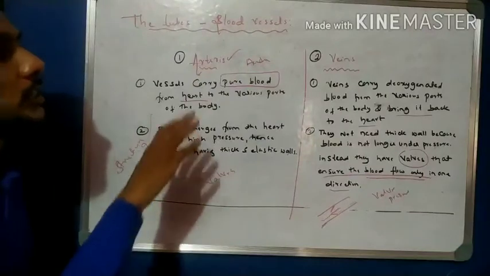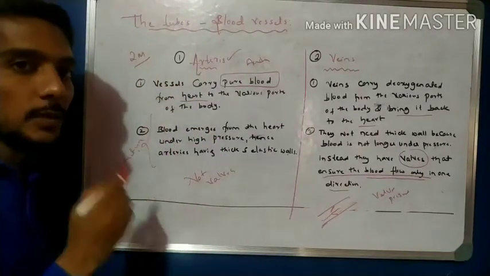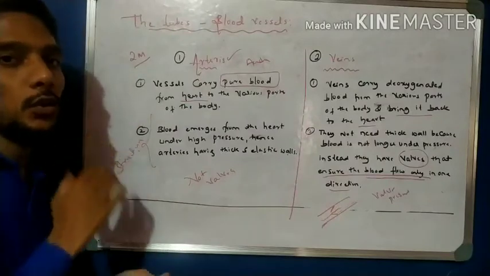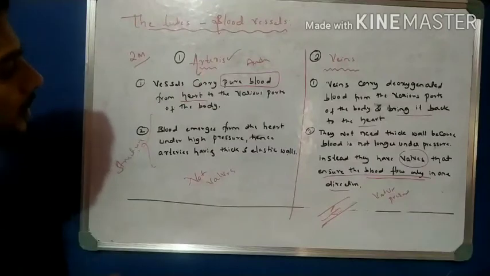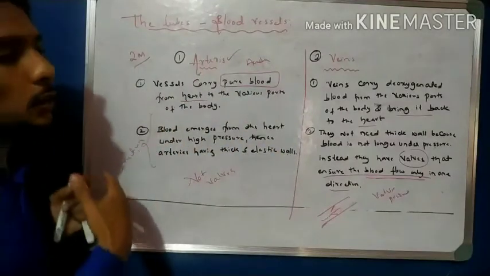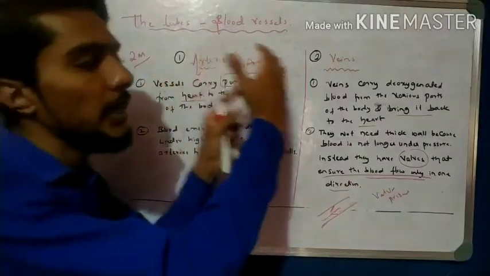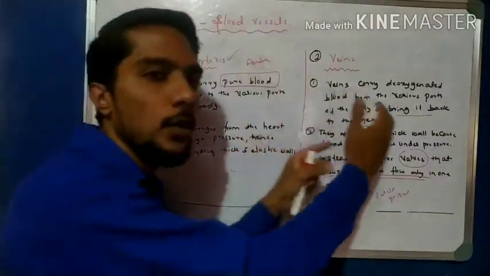Okay, students, please write this down, very important for 2 marks. Many times in the CBSE paper we see this question on the functional and structural differences between arteries and veins. These are easy, very simple and easy to remember. Artery carries pure blood, vein carries impure blood. Artery is under high pressure, vein is under low pressure.